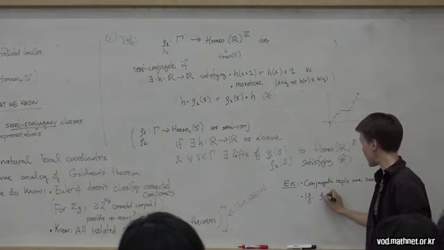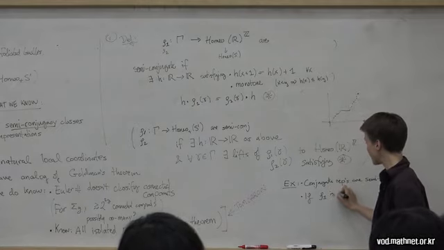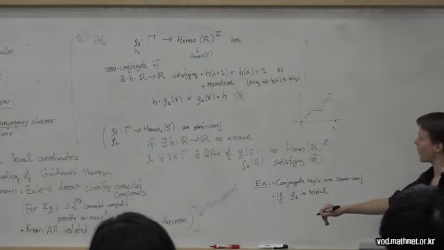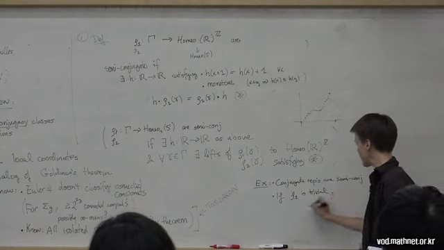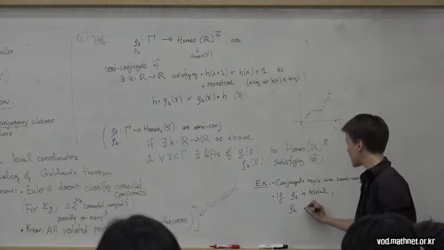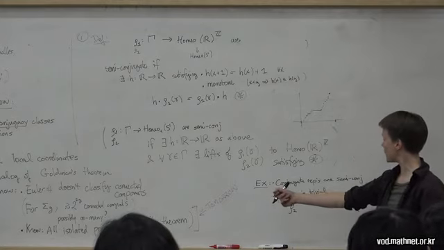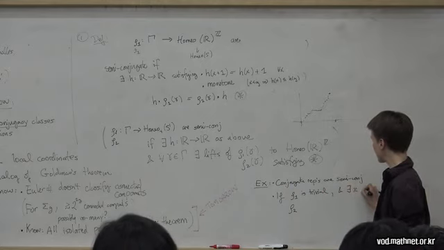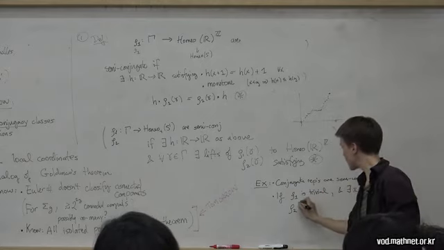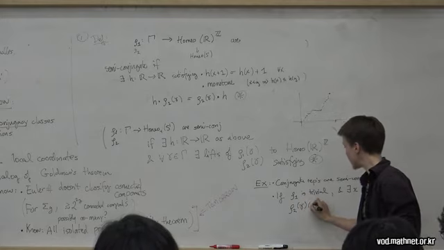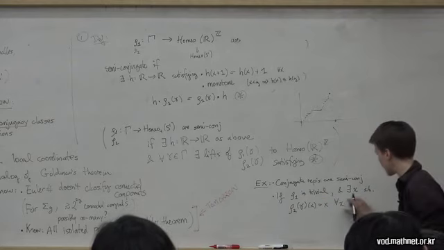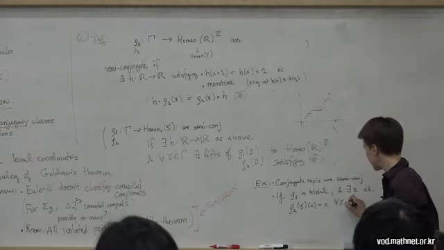Suppose rho 1 is the trivial representation, so it sends everything to the identity homeomorphism, and rho 2 has a global fixed point: there exists some x such that rho 2 of gamma applied to x equals x for all gamma.